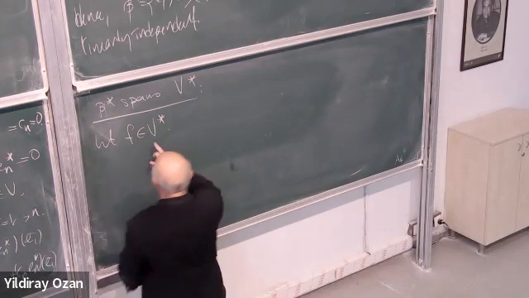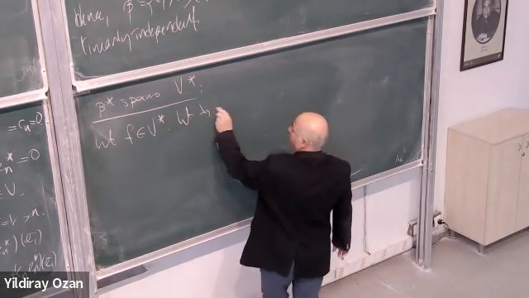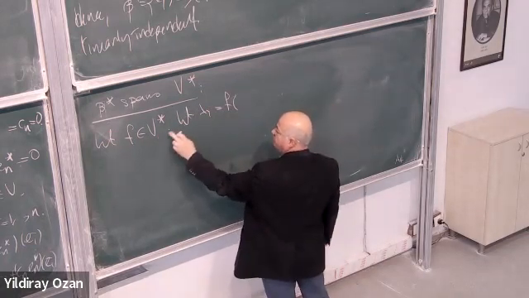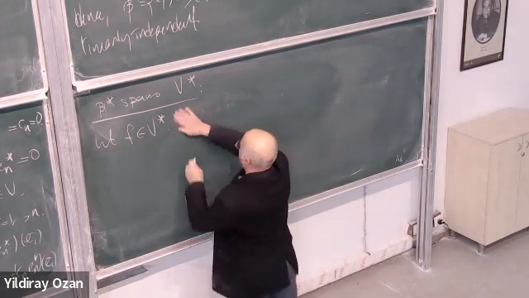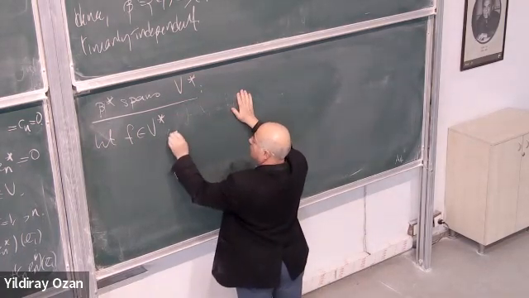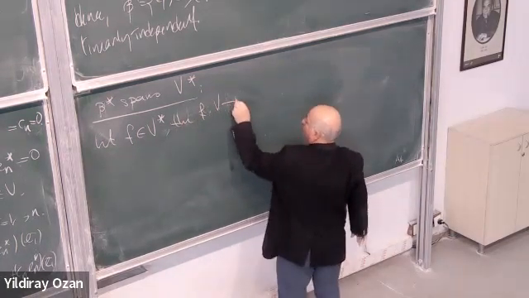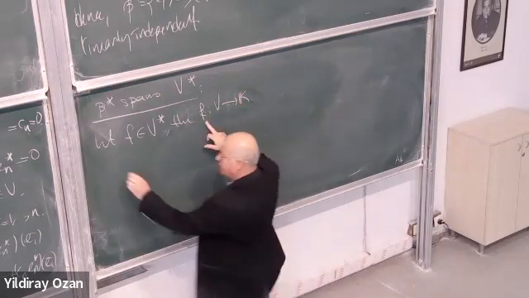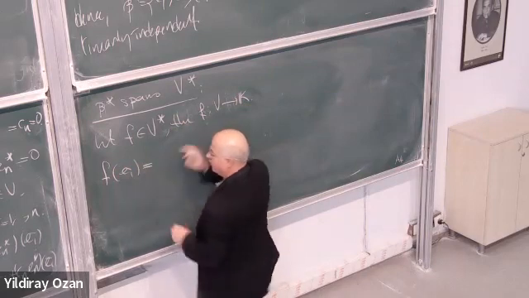Well, let lambda I be the value of this linear map. F is just a linear map from V. I can compute this at the basis elements.